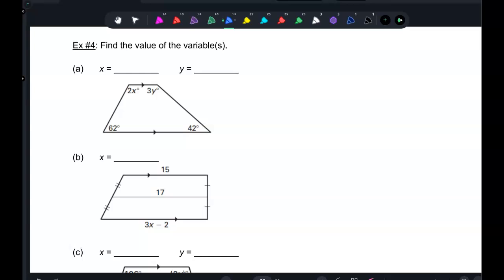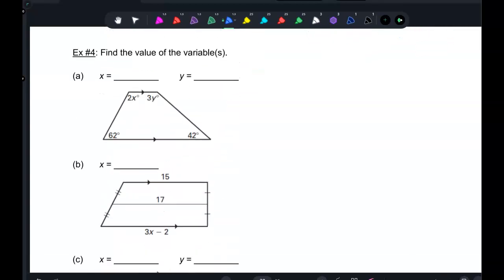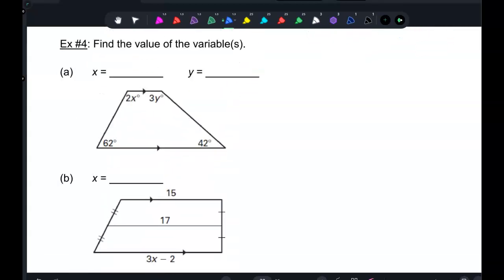Okay, example 4, find the value of the variable. And I believe these are our last problems here. Now, this is not an isosceles trapezoid, so there's no congruent angles. All I can see is that these are the parallel sides.